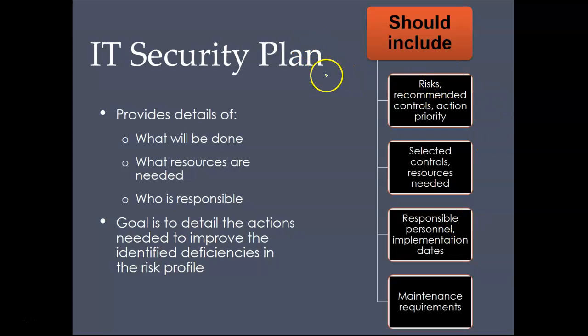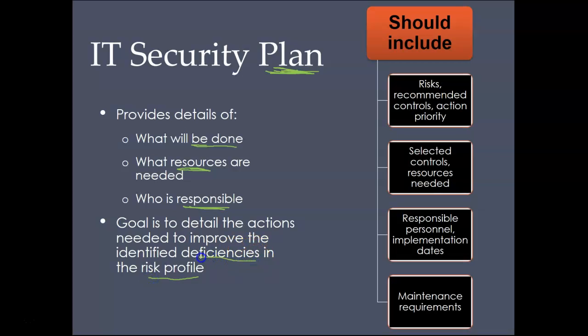Okay, here we talk about the IT security plan. In the security plan, we have to cover these points: what will be done, which resources are needed, and who is responsible. So it provides these details. The goal is to detail the actions needed to improve the identified deficiencies in the risk profile.